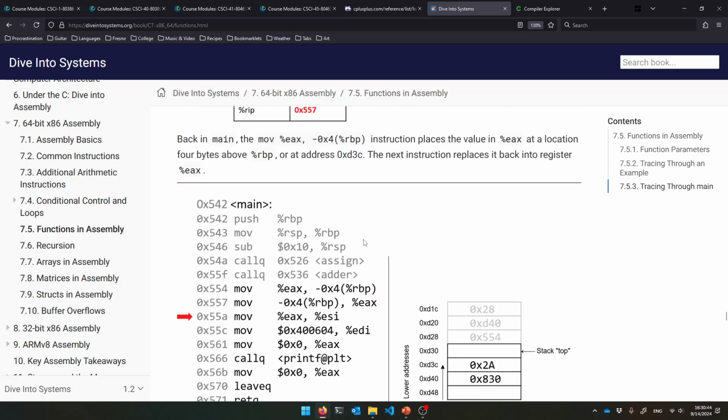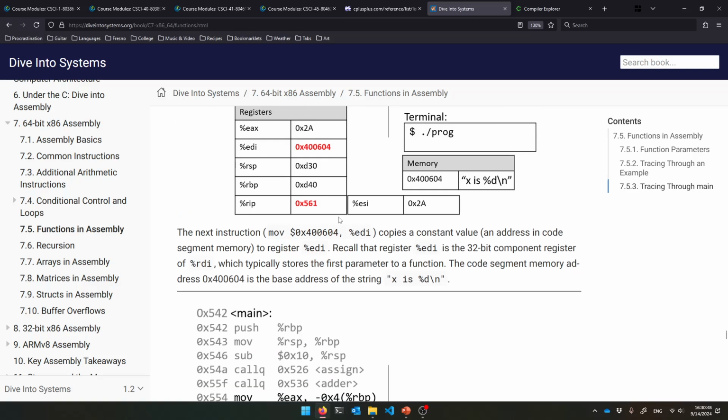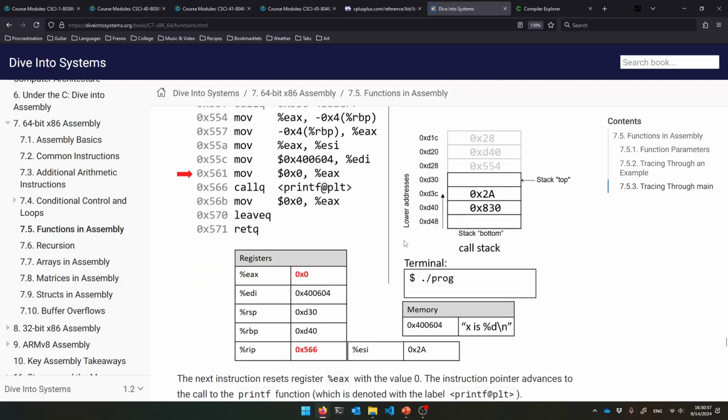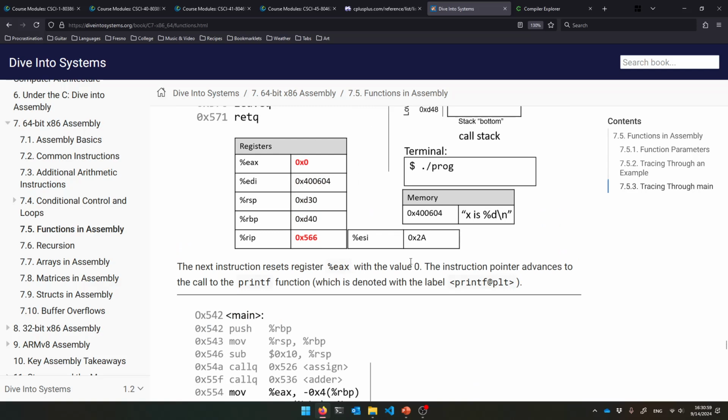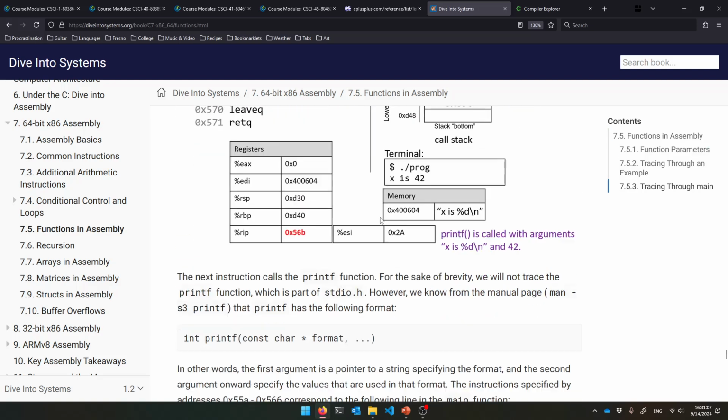Maybe we can look at where those arguments are. What's happening here? Why does it do that for EAX, zeroing it out? Does it say? It resets EAX with the value 0. Nope, there is no need because we're going to do it again anyway.